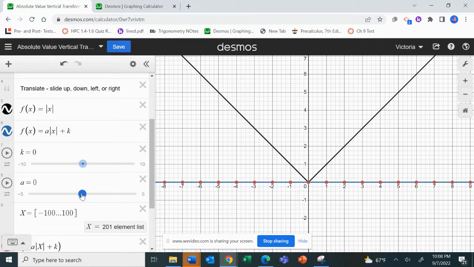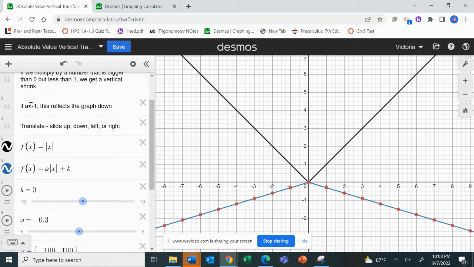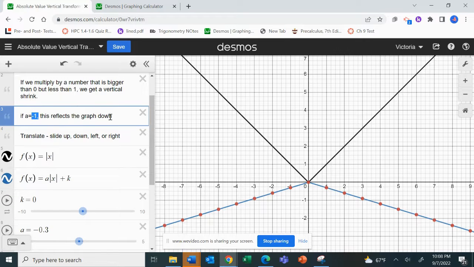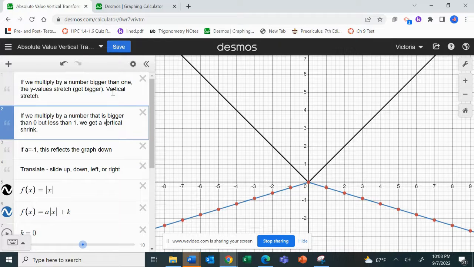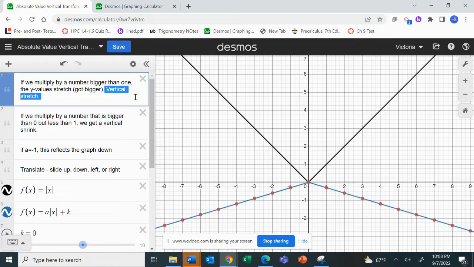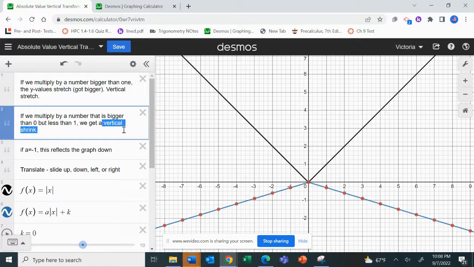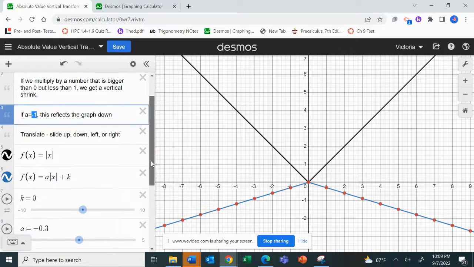If I go further, it is a shrink, but we now have a negative number, and we already talked about how if A is negative, it reflects the graph down. So that's a completely separate transformation than a vertical shrink. So a vertical shrink and a negative number are two separate transformations.